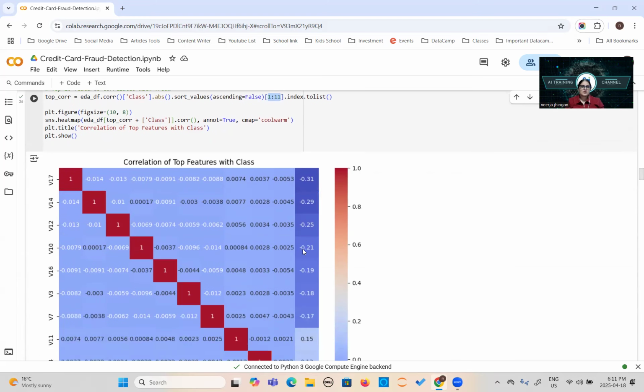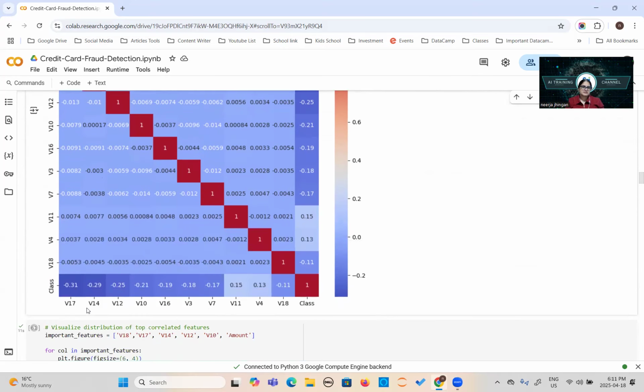Now here we are just checking which is highly correlated with this one. We are setting up your features value from 1 to 11, and then look at this. It is showing you only the features which are highly correlated with your target one.